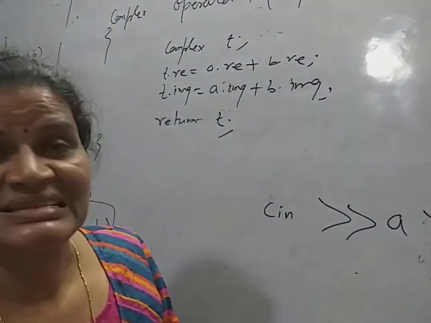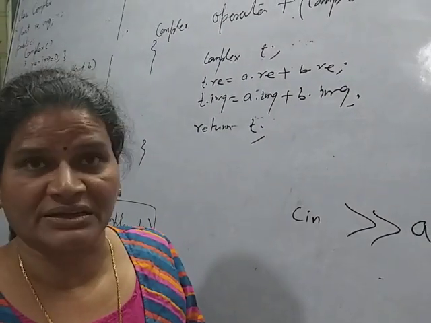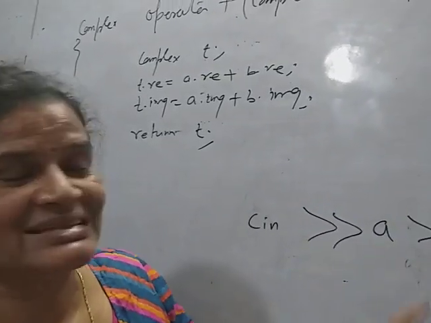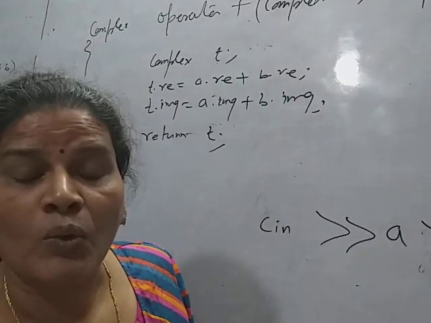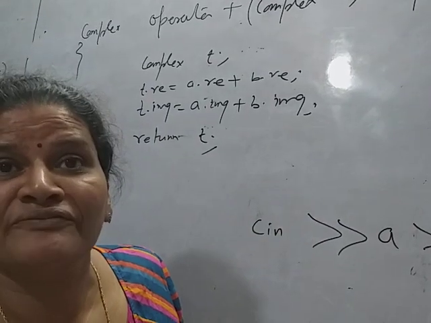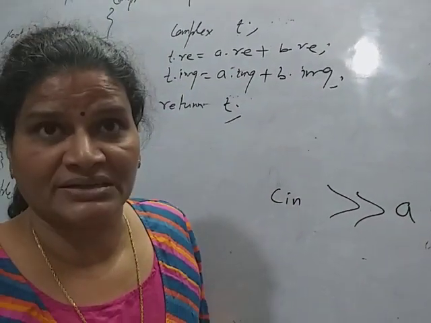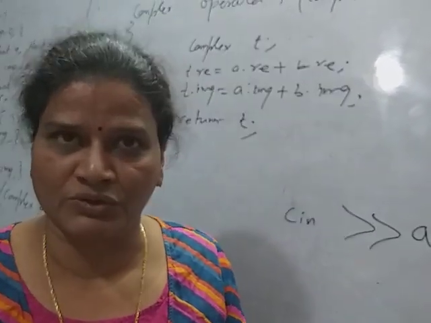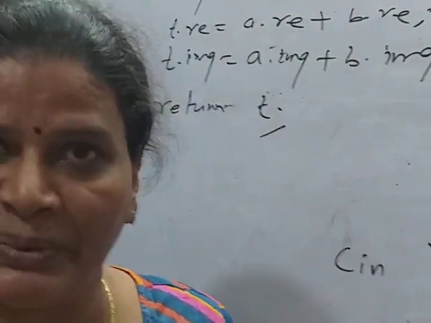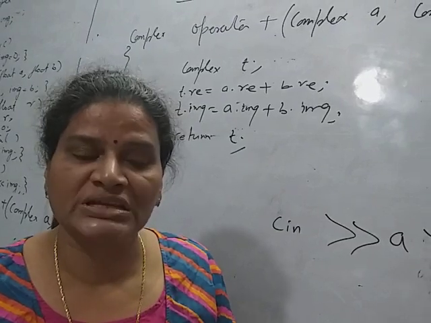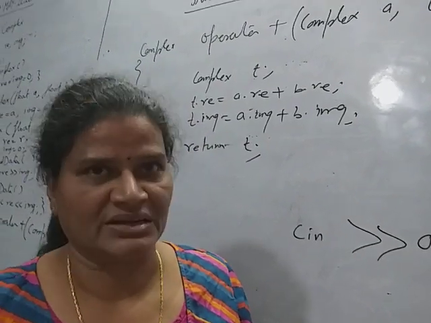But here the extraction and insertion operators can only be overloaded using friend function. I told earlier that there are two ways to overload an operator, either using an operator member function or using a friend function.